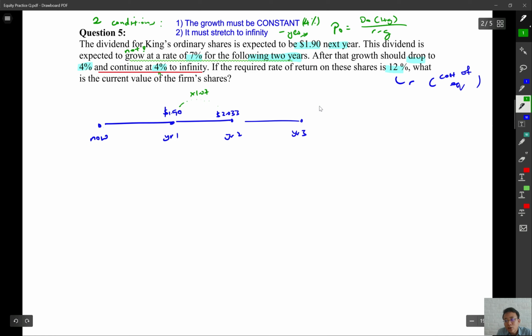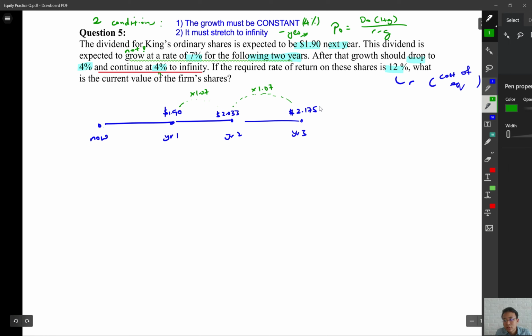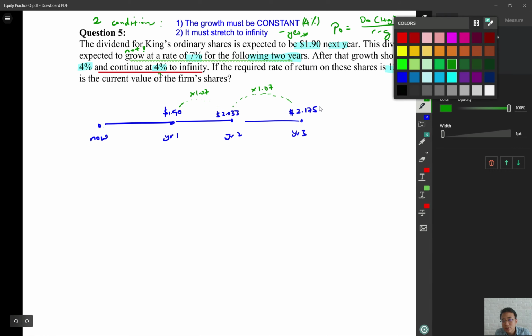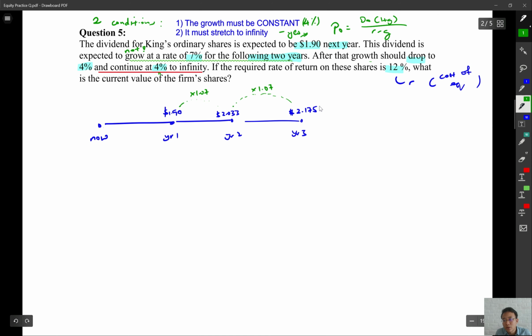The question says the growth of 7% is for the following 2 years. So just make it grow by 7% yet again. You get $2.175. At this juncture, your next stage is very important.